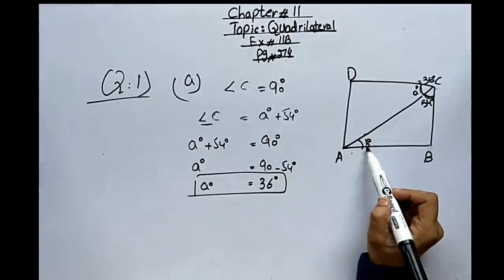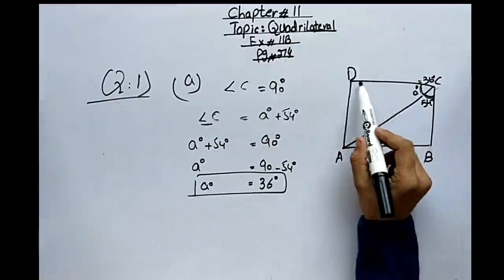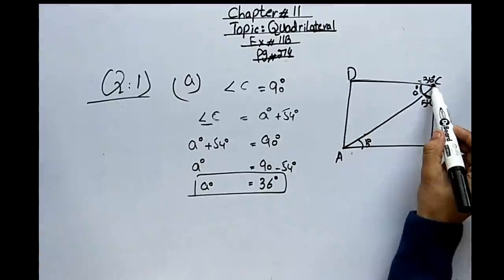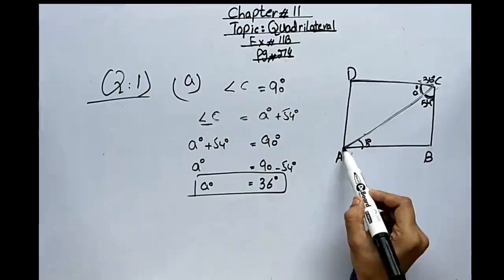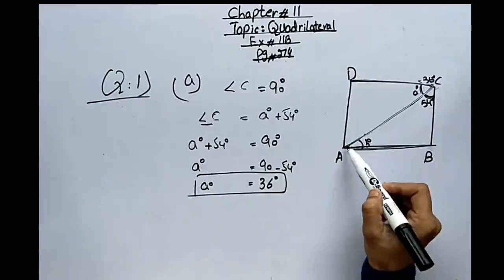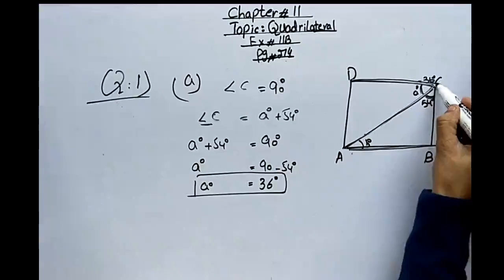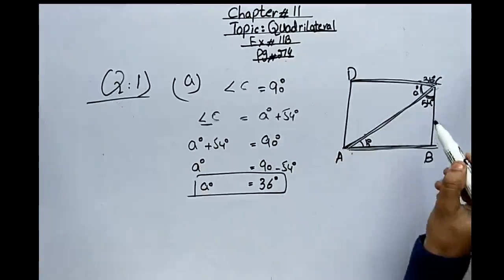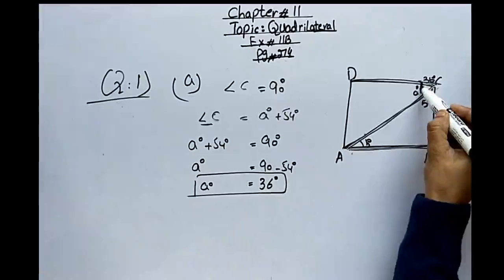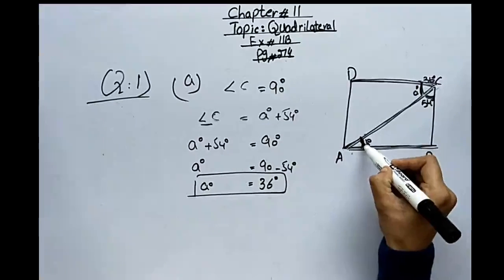Then find out B. As we have found, A is equal to 36 degrees. Look here. These 2 parallel lines are making a Z pattern with the help of this diagonal. Look, they are making a Z. As we know, in the Z the inside angles are alternate to each other.